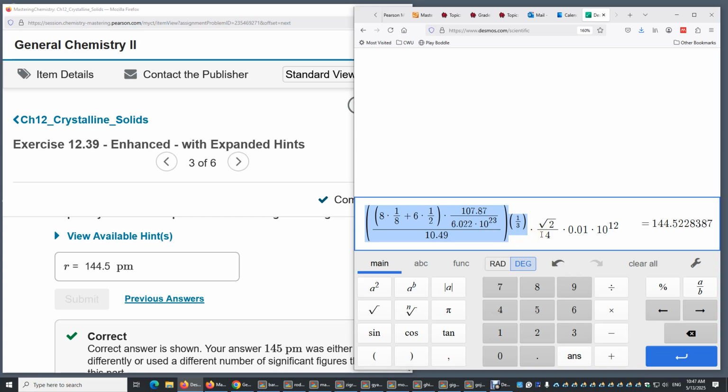Therefore, the radius of a silver atom is the edge length times the square root of 2 divided by 4. So over here we have now the atomic radius in centimeters. Multiplied by 0.01, we changed the unit from centimeters to meters. And then 10 to the power of 12 is to change the unit from meters to picometers.